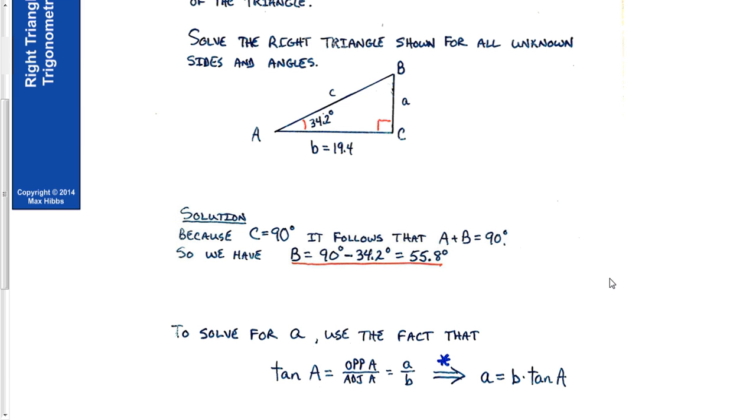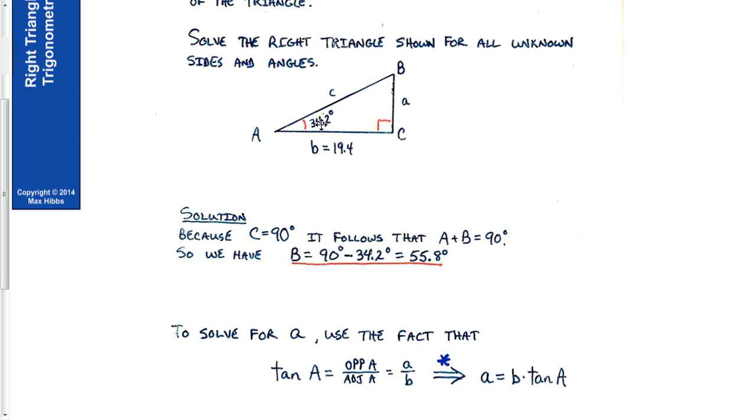Well, we need to kind of get through a pattern here and understand what's taking place. We need A and C. What do we have?